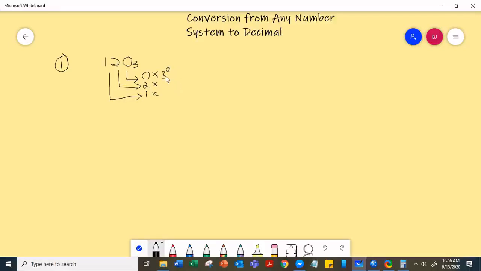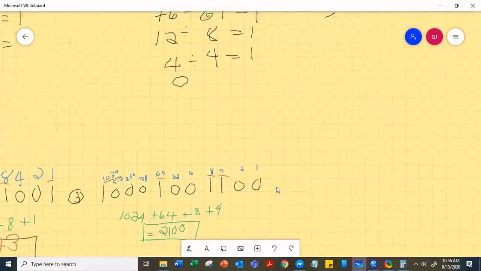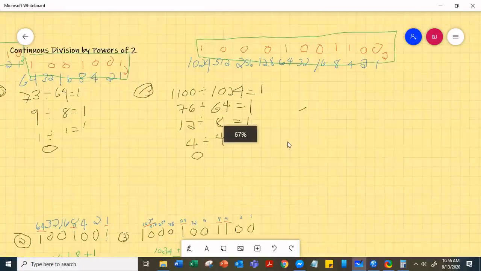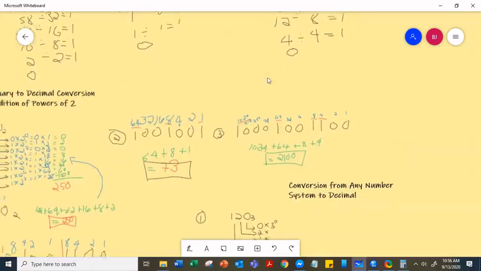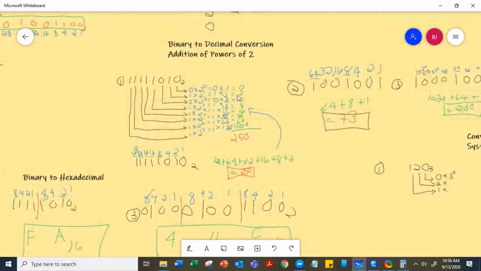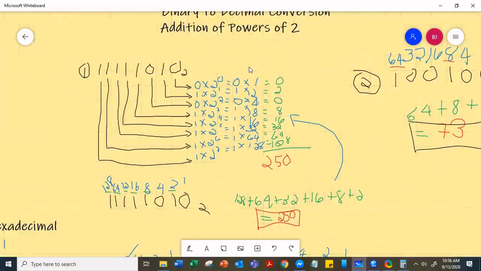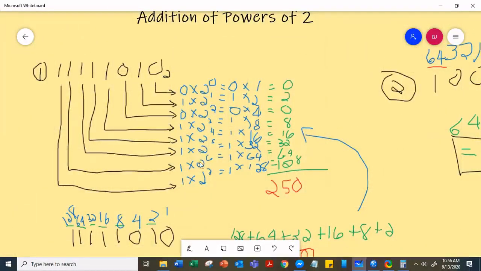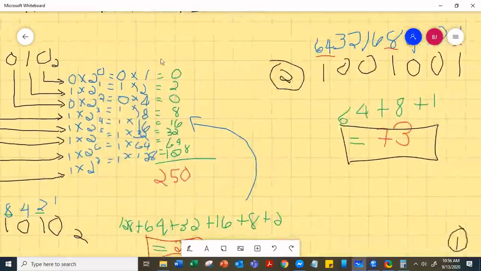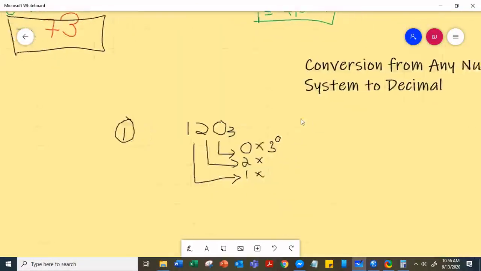The only difference is the base, because this is base 3, we use 3 here. For binary a while ago, here, we use 2 as the base, but the exponent starts with 0 and also increments by 1. Okay. Going back here.